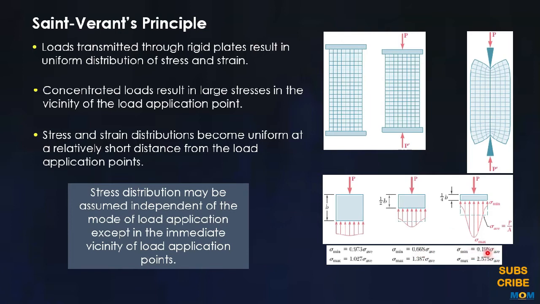And if we go closer to the end, at 1/4 of that width, the maximum value at the point of application of the concentrated load, at the center, is going to be 2.575 as compared to the minimum values at the extreme ends.